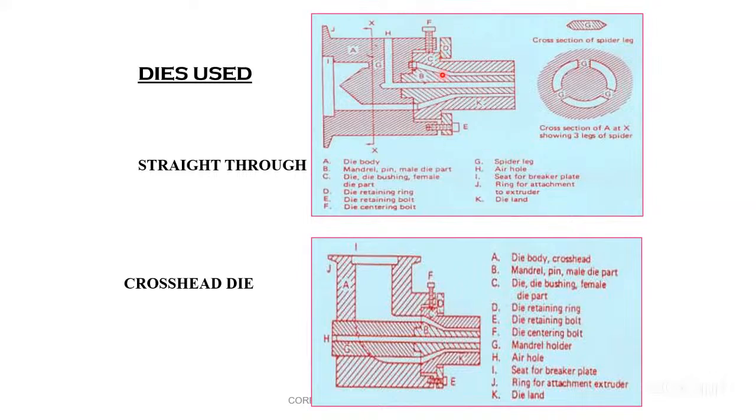See here, this is the die retaining ring. The die retaining ring is held with the die body with the help of this E bolt, that is called the die retaining bolt. We have seen the die bushing here. B is the mandrel here.